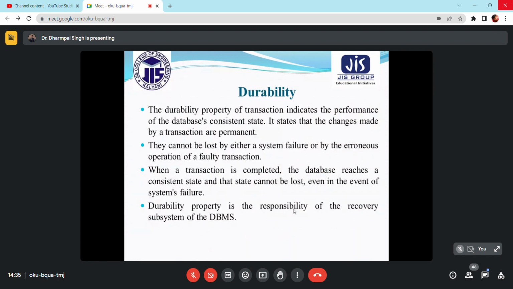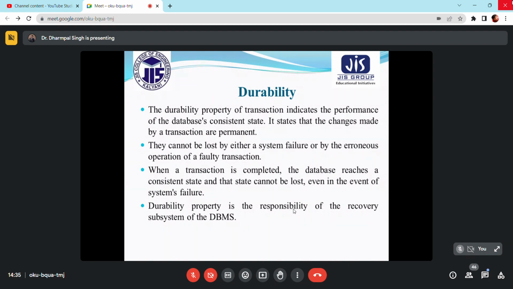The durability property of a transaction indicates the performance of the database's consistent state, and states that changes made by the transaction are permanent. Permanent means that when the transaction reaches the committed state, the changes are permanent. Whatever changes are done by the transaction are permanent.